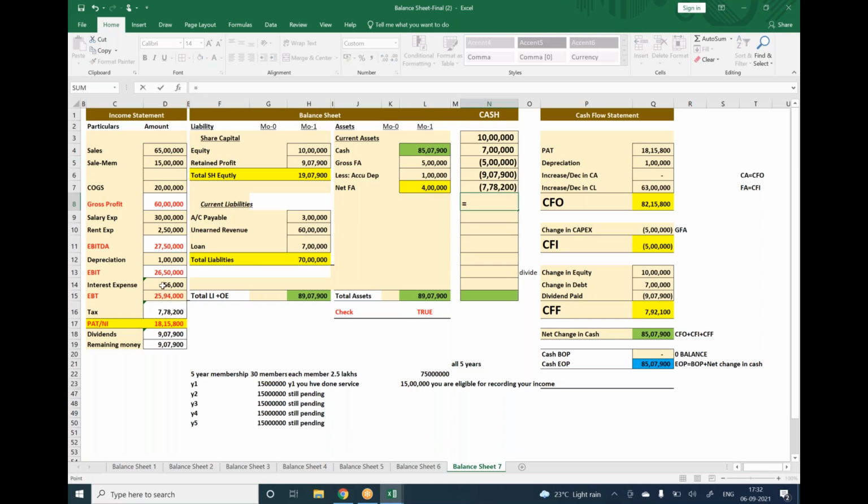You have paid interest, minus 56,000. Rent expenses, minus 2.5 lakhs. Your salary expenses, 30 lakhs. Okay. And you have received 65 lakhs. And you also received 15 lakhs. Actually, you received how much? You received 75 lakhs.